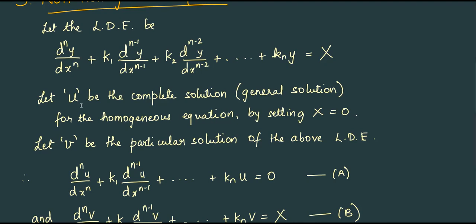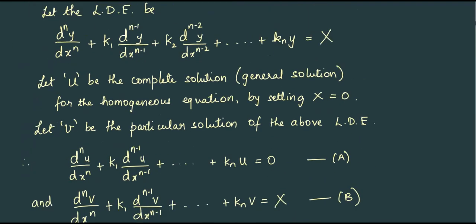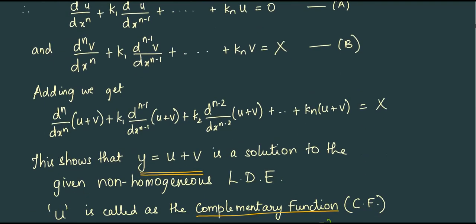So suppose U is the solution of the homogeneous part and V is a solution which satisfies this specific linear differential equation as shown above, then U plus V will be the total solution.